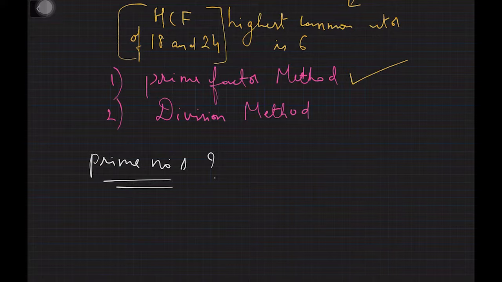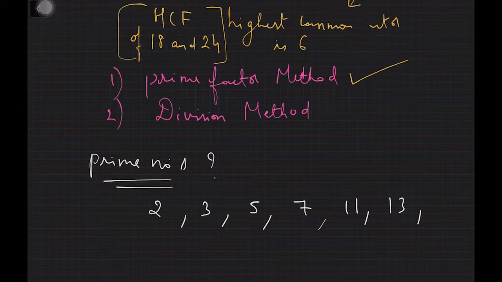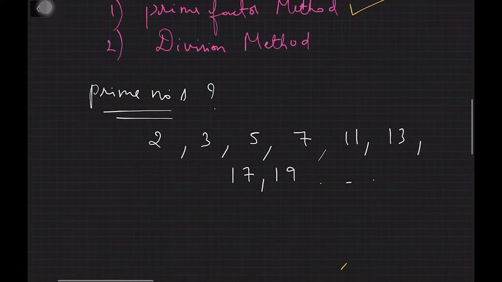Example: 2 is a prime number, 3 is a prime number, 5 is a prime number, 7 is a prime number, 11 is a prime number, 13 is a prime number, 17 is a prime number, 19 is a prime number, and so on. So like this, we can find prime numbers. And why these numbers are called prime?